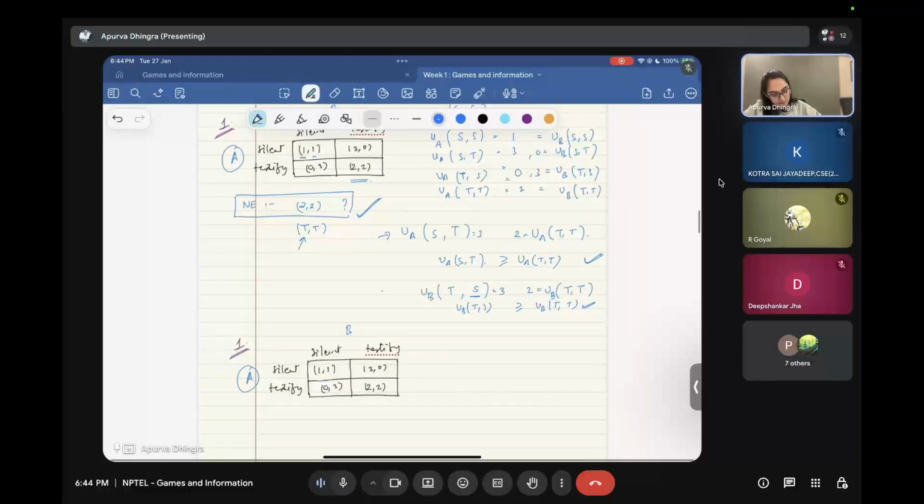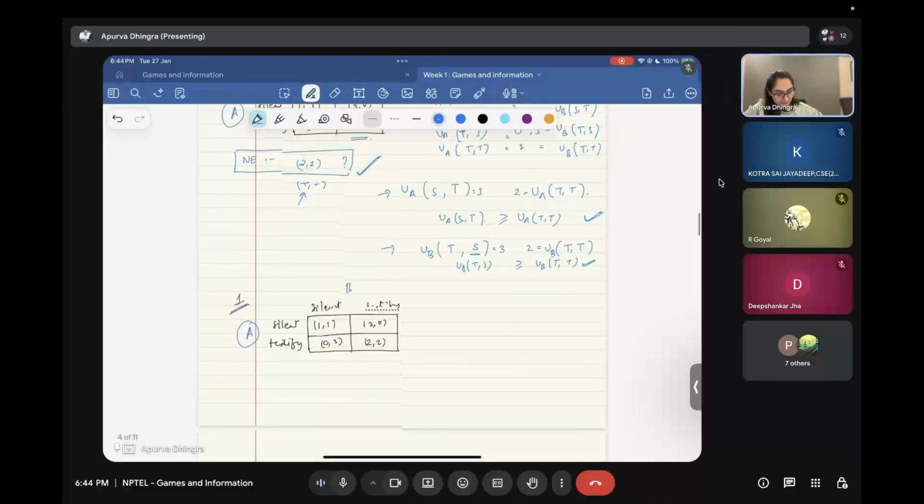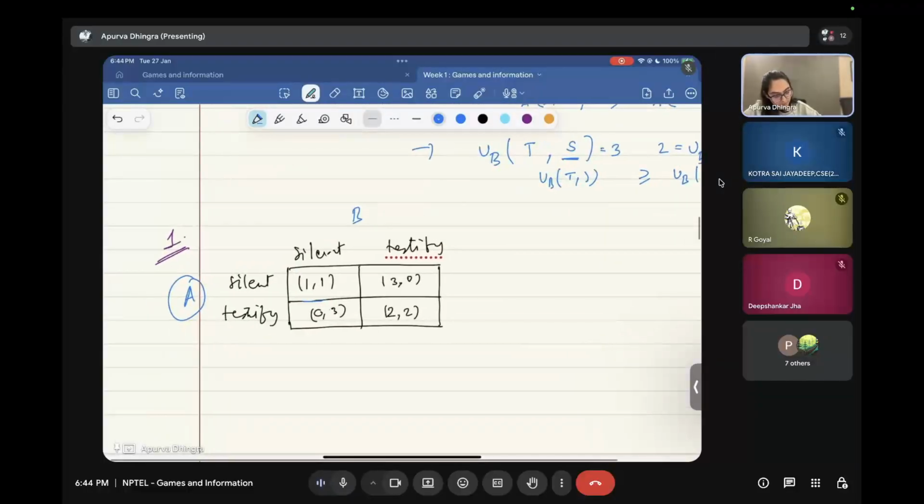Now let's look at it from the matrix point of view directly. Just remember this part: these ones are for player 1, the others are for player 2. When we are comparing player 1's utility, it is with player 1's utility, not with player 2's utility. So the comparison will be between these two or these two, because you can't change the action taken by the other one.